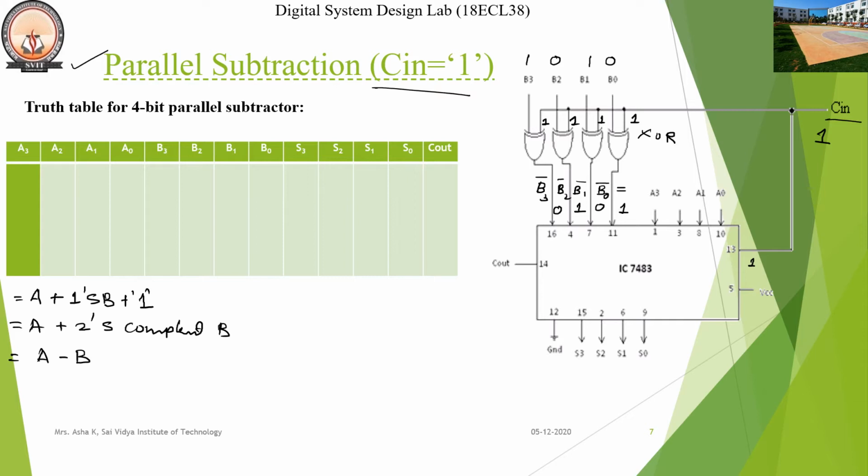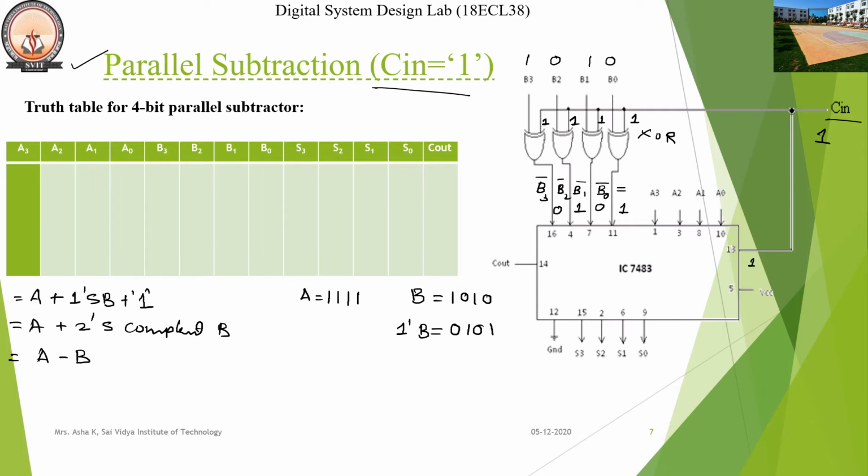To understand this, let us consider I am having B number, that is 1010, and consider an example of a number A is equal to 1111. As we all know, 1's complement of B here, that is 1 0 1 0.